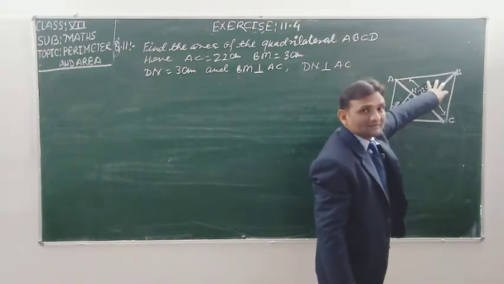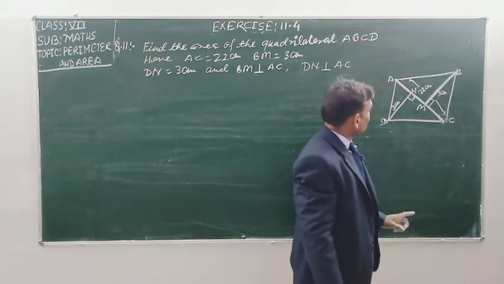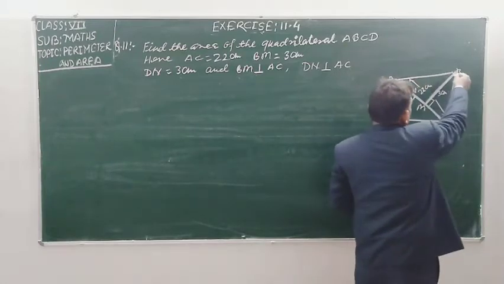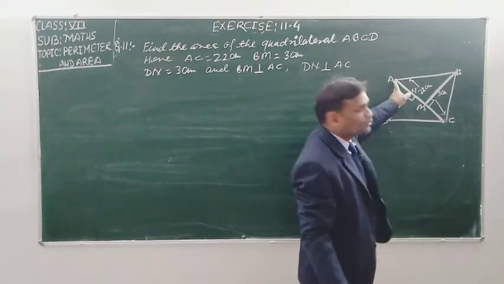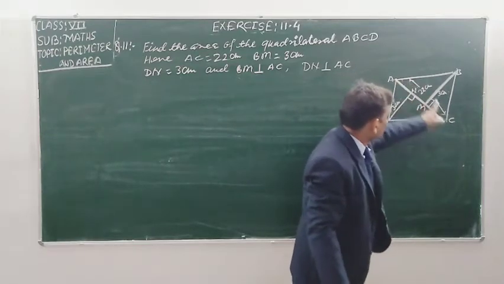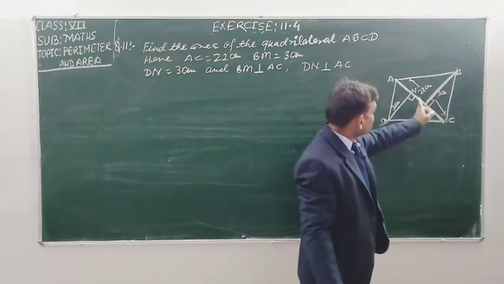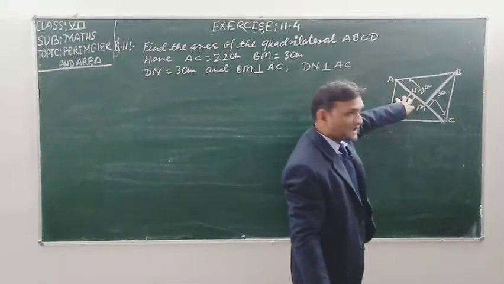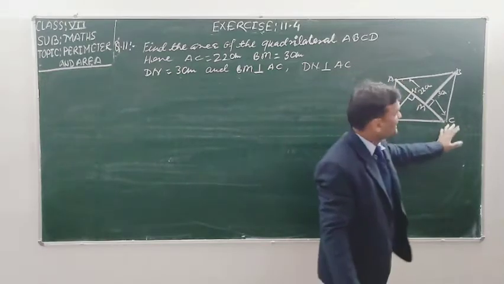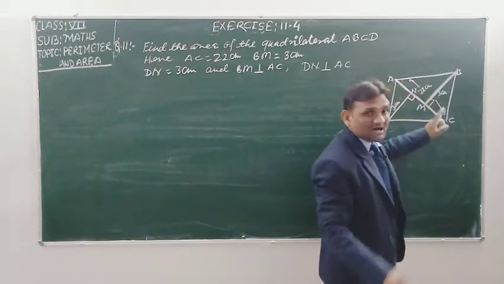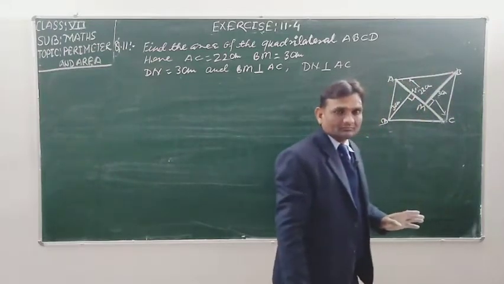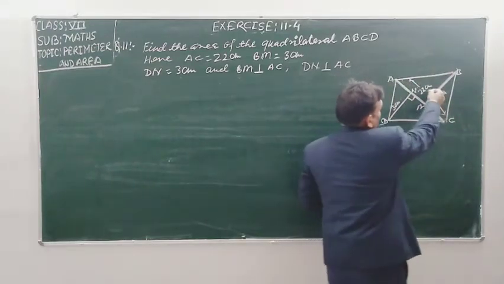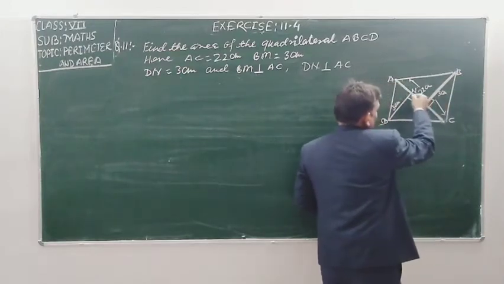2 triangles, and the base of both triangles is common. You can assume AC is the base of this triangle ADC, and AC is also the base of triangle ABC. And the height of this triangle is, student, this and this.